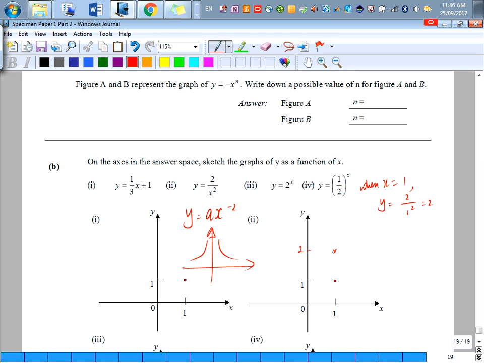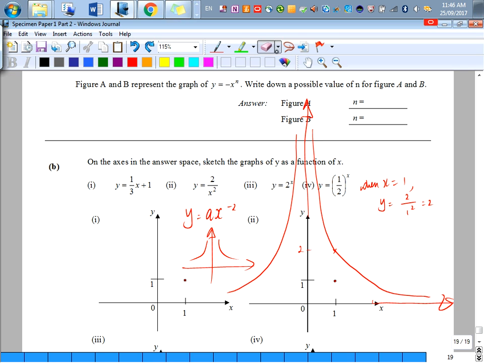Passing through this point and yet having this shape, if my axes are very long, then it will look like this. And the other side also the same. And symmetrical as well. But because my axes are not so long, then you will end up looking at this.